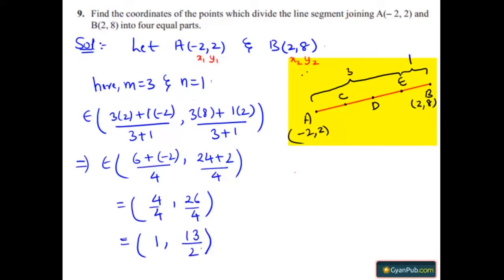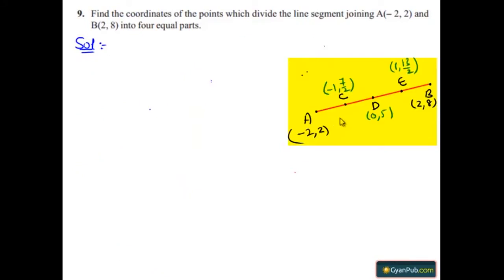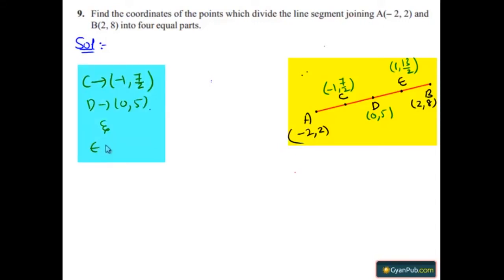Hence the coordinates of the point E will be 1, 13 whole divided by 2. Therefore, the points which divide the line AB into 4 equal parts are C minus 1, 7 by 2, D 0, 5 and E 1, 13 divided by 2.